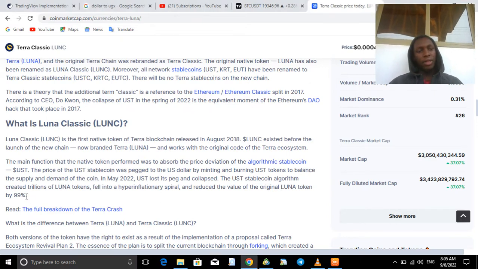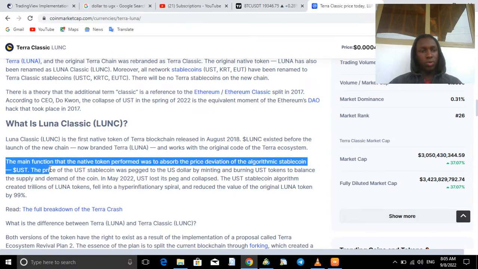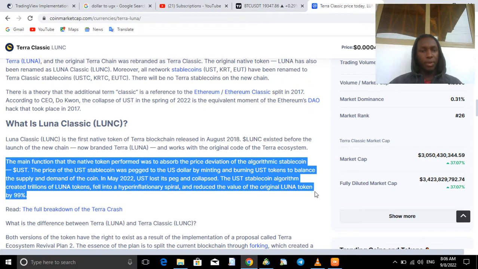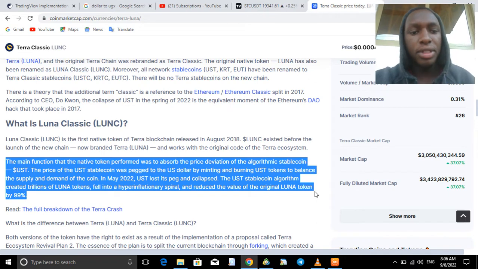So the main issue, I think you can try to remember, is that the Terra Luna token collapsed all the way from $100 dropping back down to the level where this currency started rising, or when it went public. It dropped all the way by about 3 zeros to 4 zeros. So the whole system had collapsed.